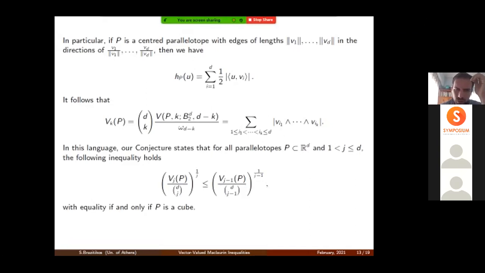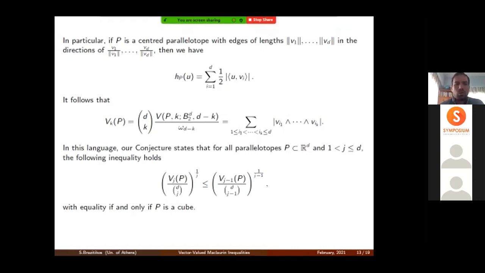So it says that the j intrinsic volume of the parallelotope over d choose j, which is exactly the intrinsic volume of the cube, is at most the j minus 1 intrinsic volume of the parallelotope over d choose j minus 1, which is the V_{j-1} of the cube.